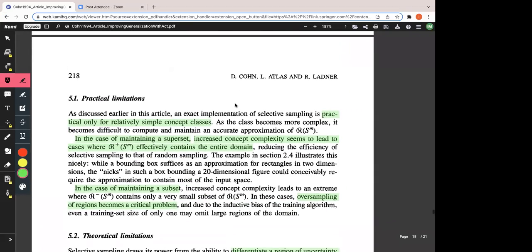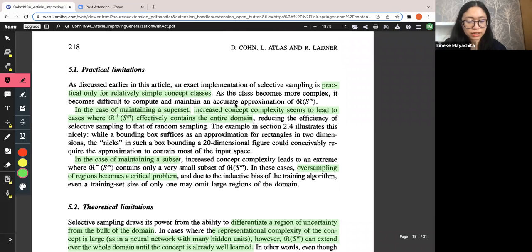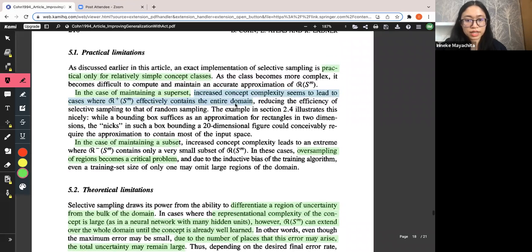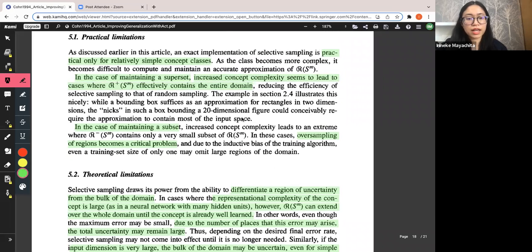Okay. The last part of the paper is the limitations of these ideas. As we expect, in this paper the concepts are just either triangle or rectangular, which is quite simple. But imagine if it's a complicated concept, it will be difficult to learn.